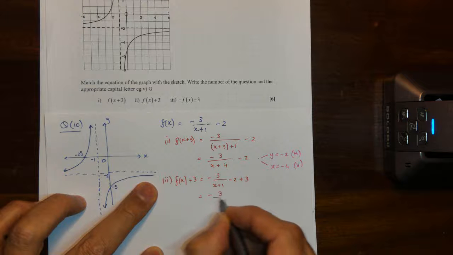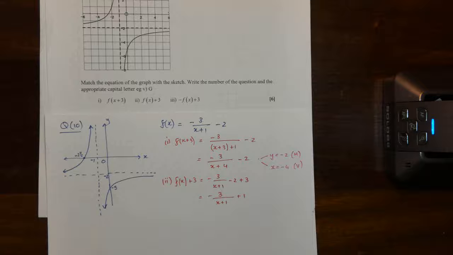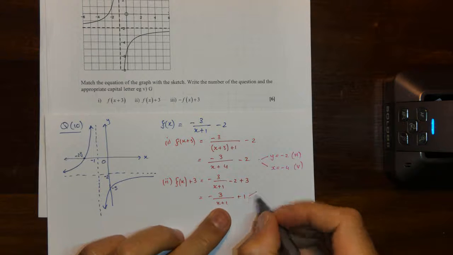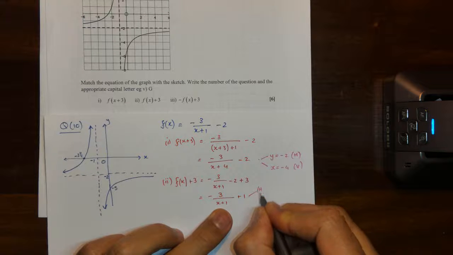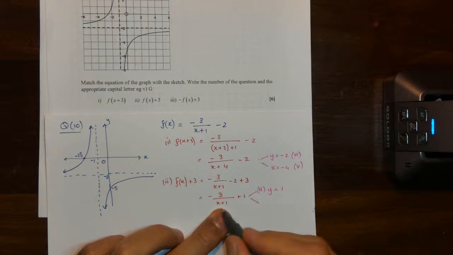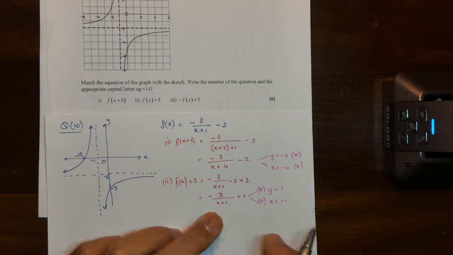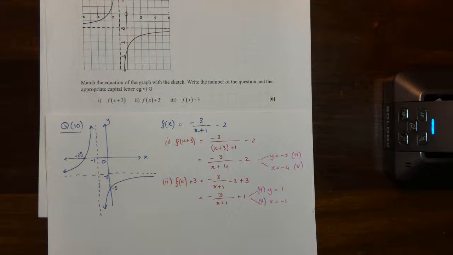So we have -3 over x plus 1, and then we have a plus 1. Now if we analyze that again in terms of the asymptotic behavior, the horizontal asymptote would now be at y equals 1, and the vertical asymptote will still be at x equals -1 as for the original curve.